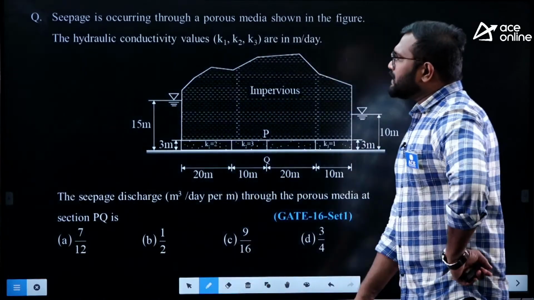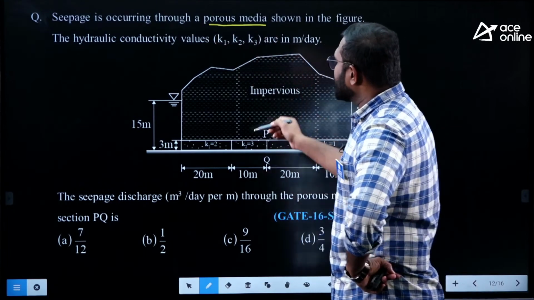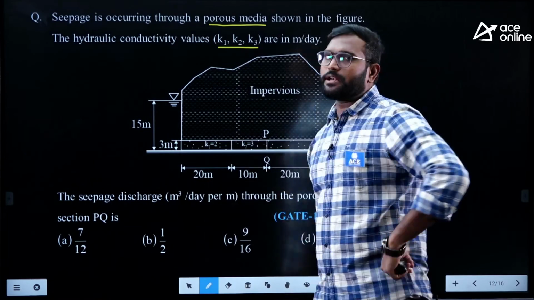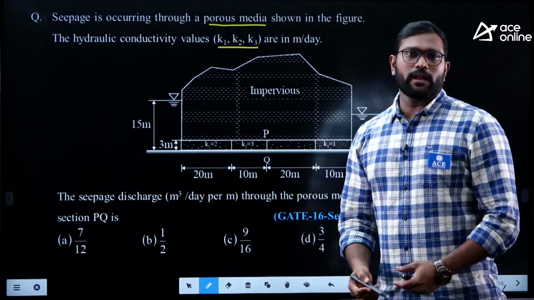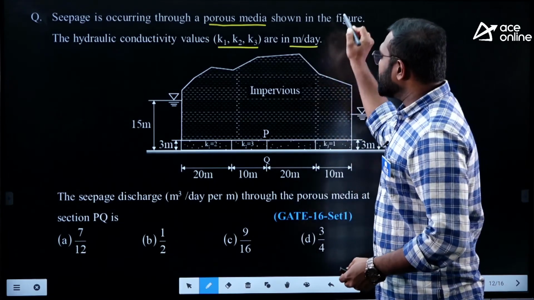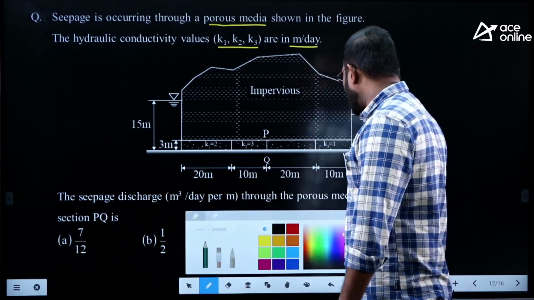You observe the seepage occurring through a porous media shown in the figure. So this is a porous media. The hydraulic conductivity, you see the permeability, the coefficient of permeability can also be called hydraulic conductivity, is given in meter per day. So if the data is visible to you, fine, else I will write it once again.